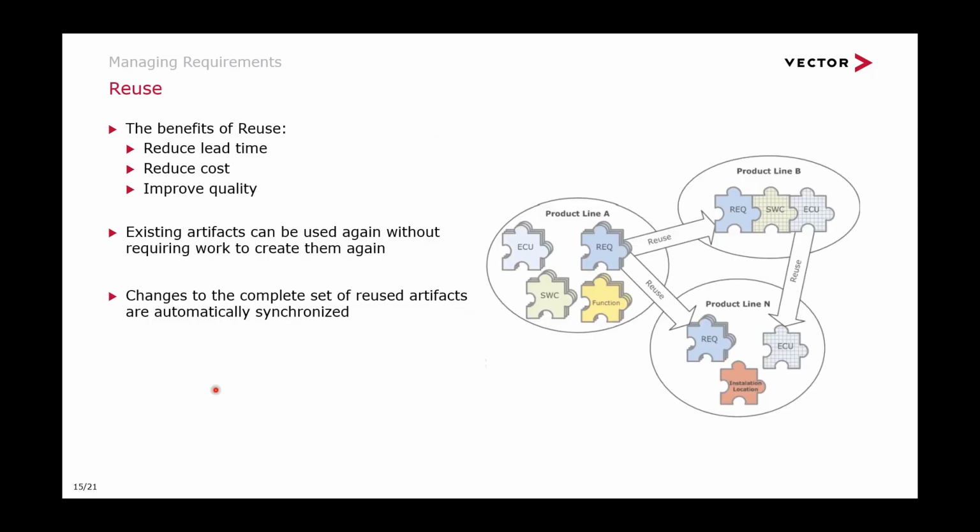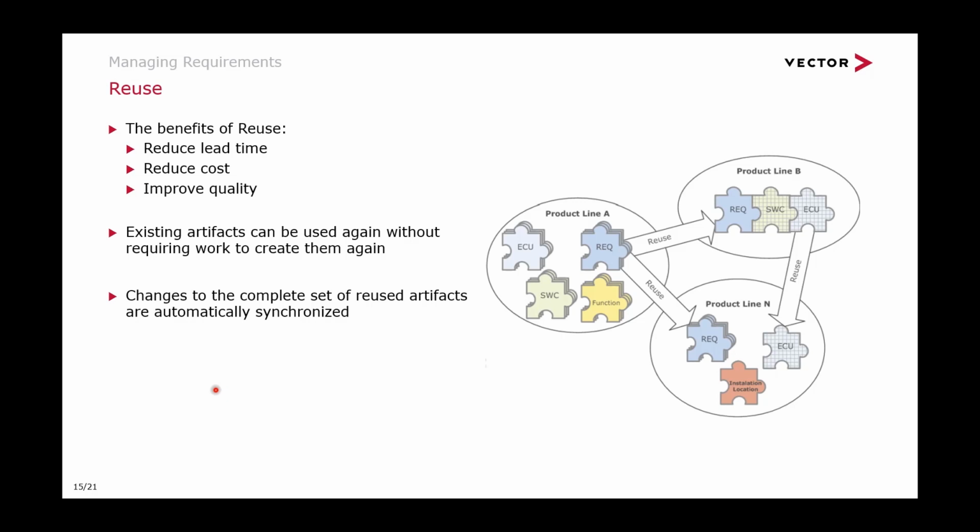We also talk a lot about reuse in PREEvision, and that's a big part of the product line approach, being able to reuse things that you've done over and over again in a consistent manner. The benefits of reuse, I think most people are aware, reduces lead time, improves quality, reduces cost.